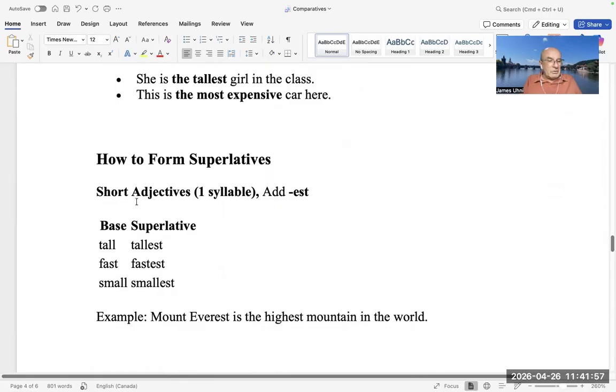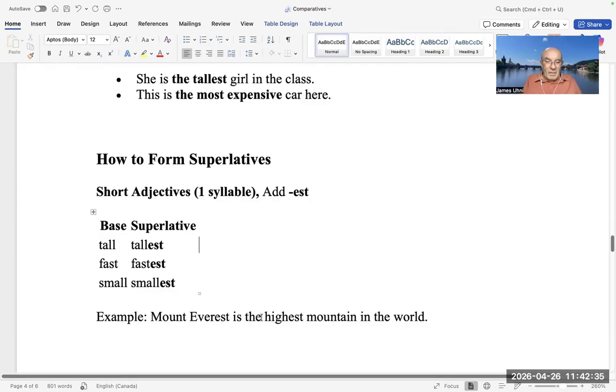Short adjectives, one syllable, add est. Tall, tallest. Fast, fastest. Small, smallest. See, we just added est. Example, Mount Everest is the highest mountain in the world.